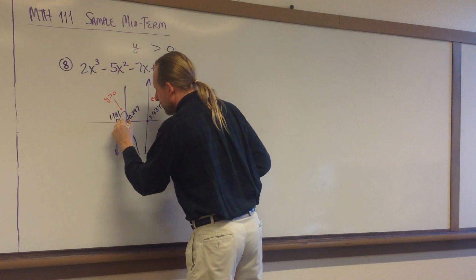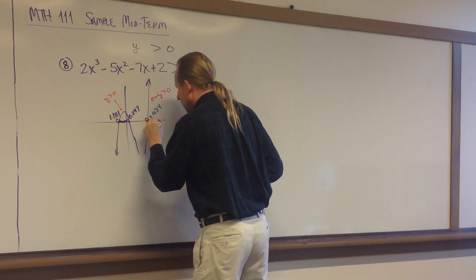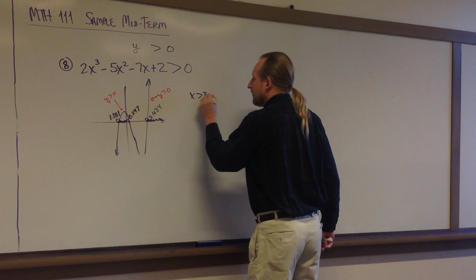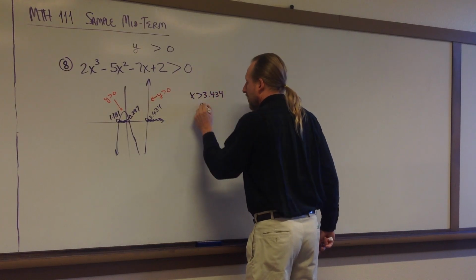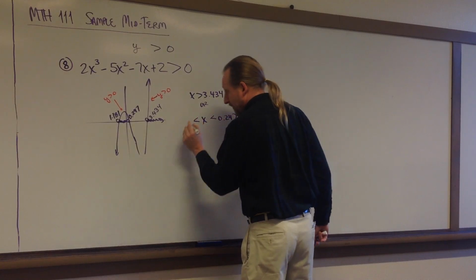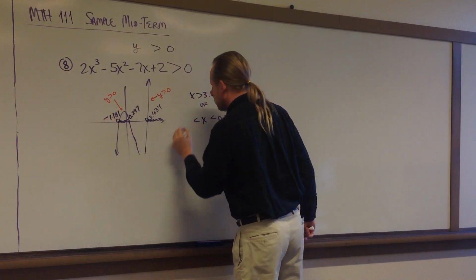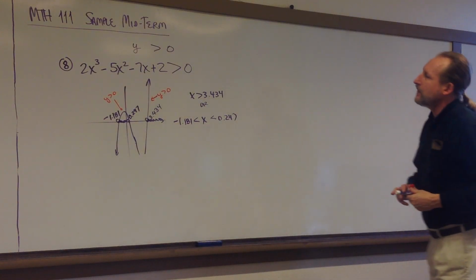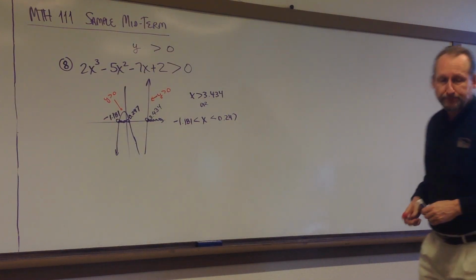And it's going to be this region here, and then that region there. So that is x greater than 3.434, or x less than 0.247, but greater than negative 1.181. Okay, so that's number 8.